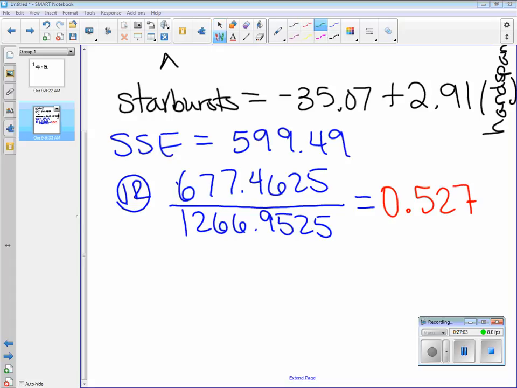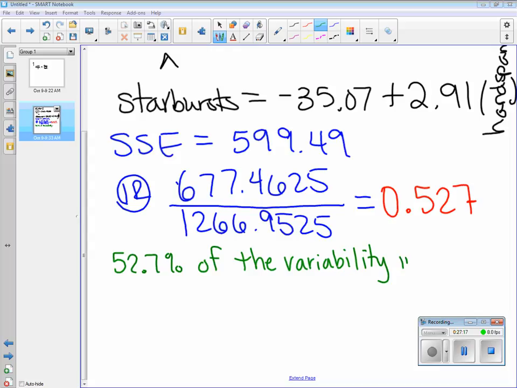Because we have to change it to a percent, Katie's right, so 52.7% of the variability in, now we're looking for our y variable, or our response variable, and that's going to be the number of starbursts.